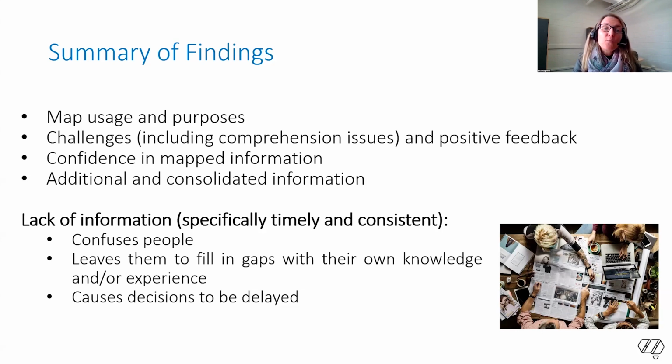And they'll fill in the gaps with their own knowledge and their own experience, which may not always lead to accurate conclusions. And finally, because we know that everyone wants to confirm the information that they receive, inconsistent information across multiple map sources, platforms, and geographical boundaries creates confusion and causes decisions to be delayed.